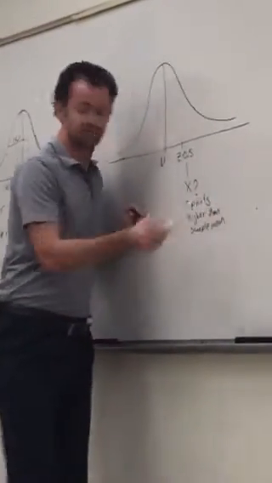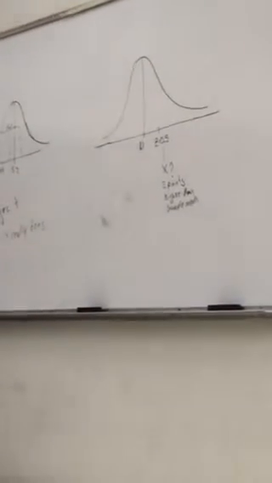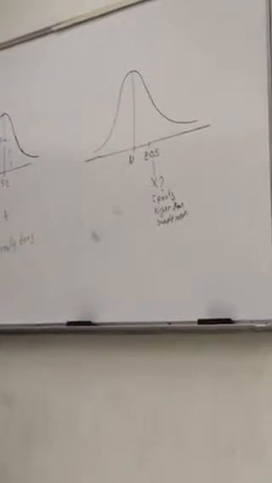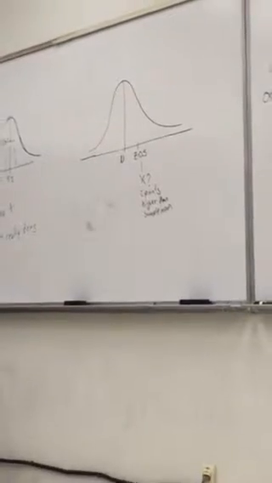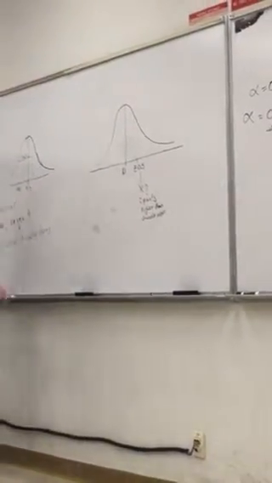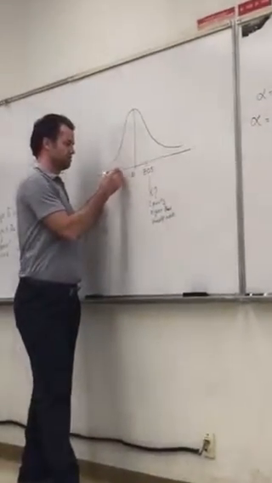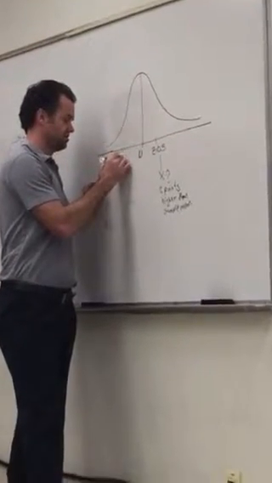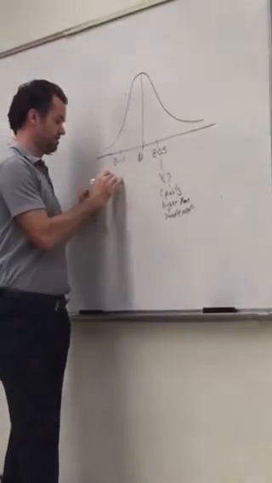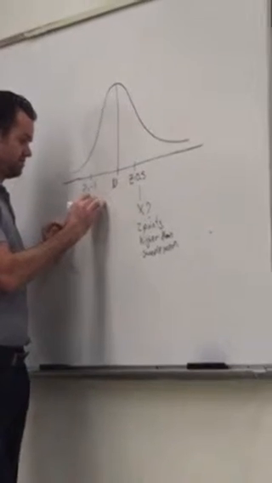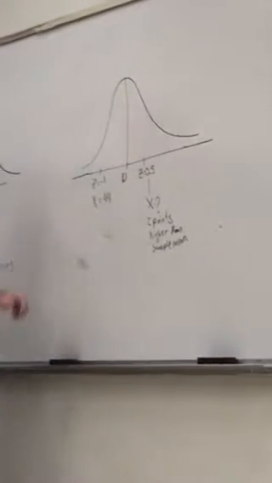Sample mean. And a score of 44 has a z-score of -1. So that's an x score, 44.